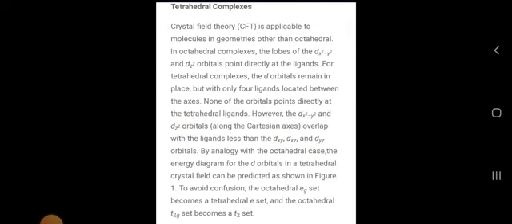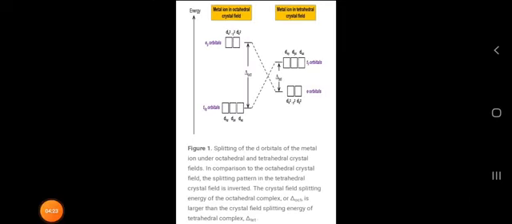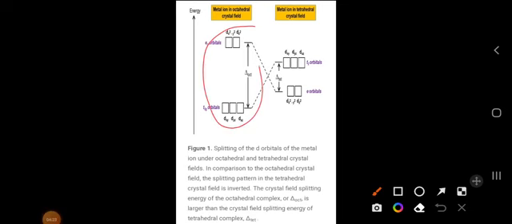Now let us look at the diagram of the tetrahedral complex. Here there is less repulsion, more energy in one set, and high repulsion, less energy in the other. T2g is written as T2 in tetrahedral complexes, and Eg is written as E, with E having less energy and T2 having more energy.